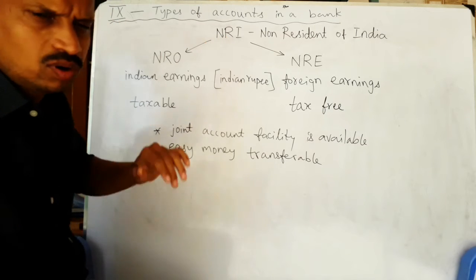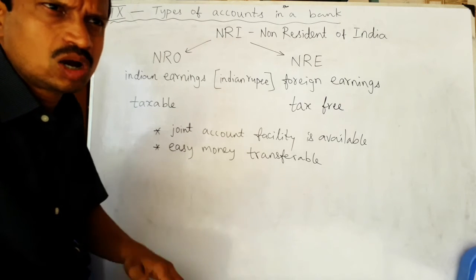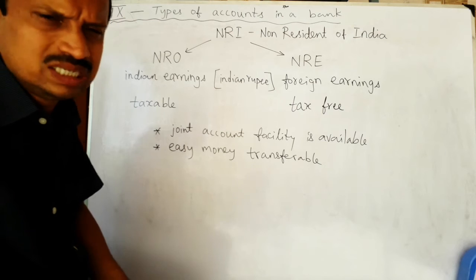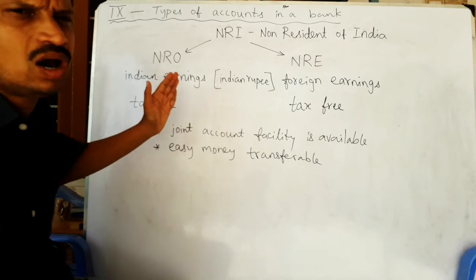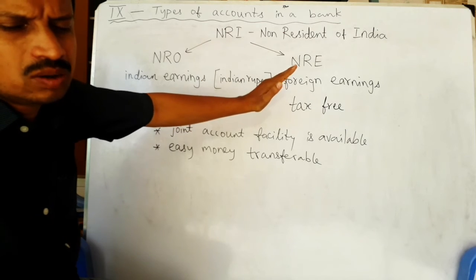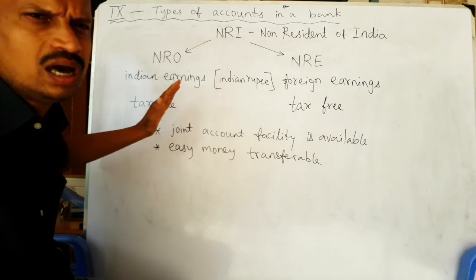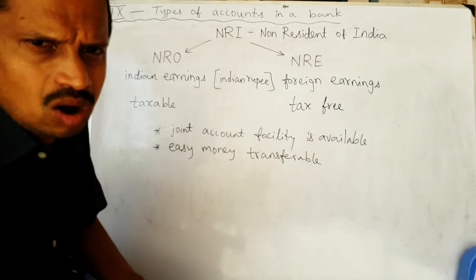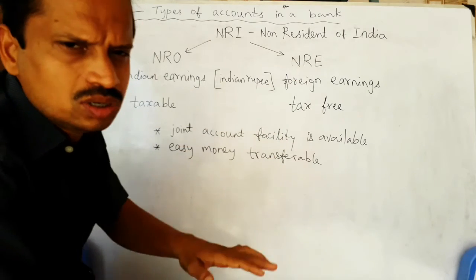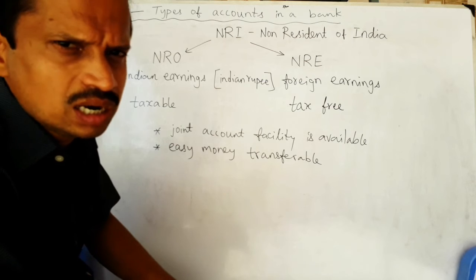So for them, the account is named as non-resident of India account. So it is of two types. One is NRO and then another one is NRE. NRO refers to non-resident ordinary account. This is non-resident external account.